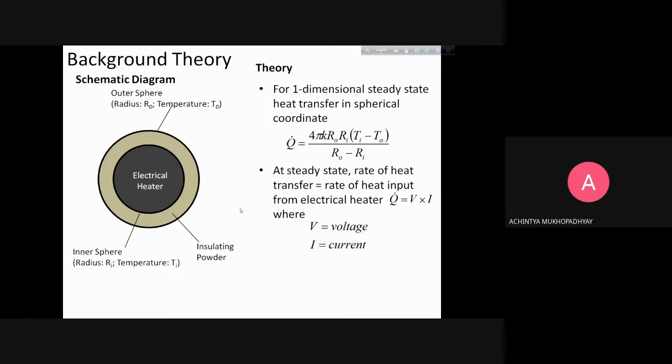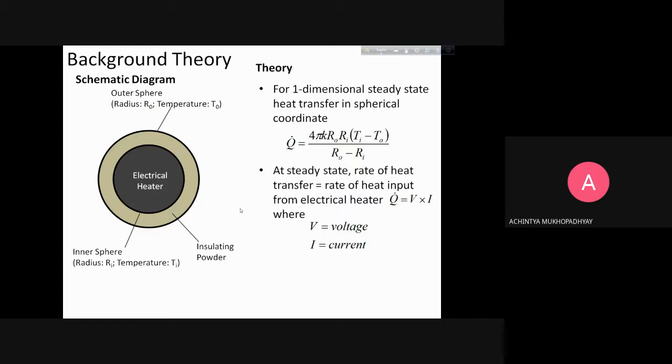So in real situations, you have to have a very long cylinder, but even then there will be some approximation. The one-dimensional approximation will break down near the ends.